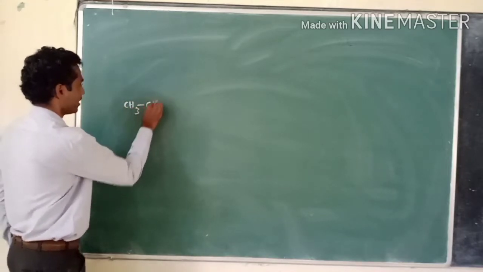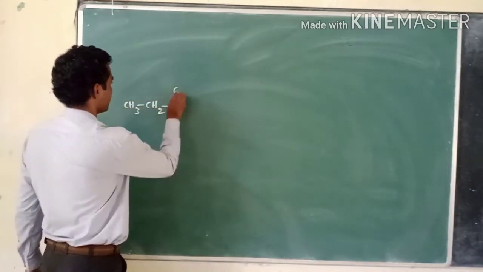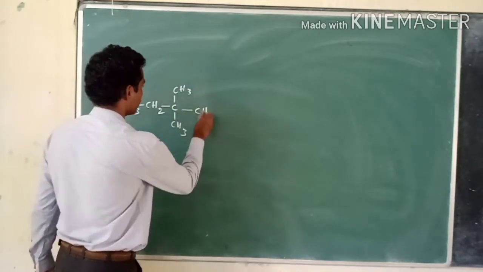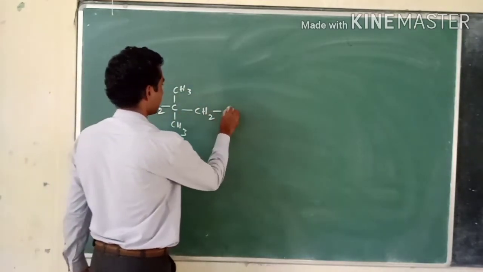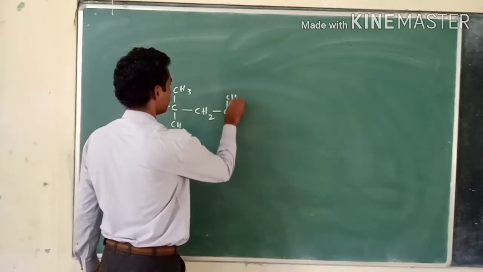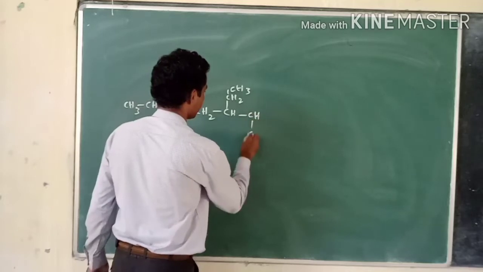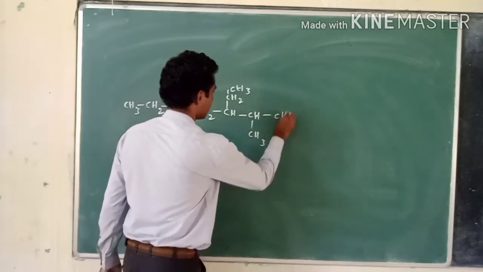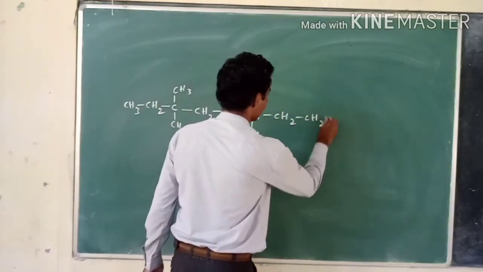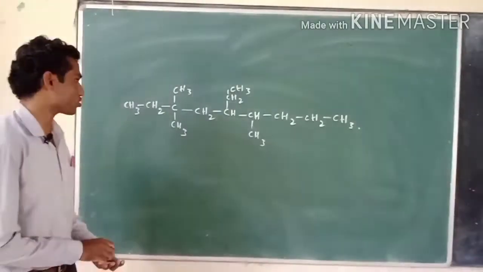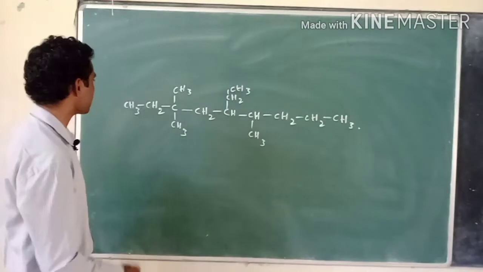CH3, CH2, C, CH3, CH3, CH2, C, CH, CH2, CH3, CH, CH3, CH2, CH2, CH3. Let us take this example. The first rule is to identify the longest carbon chain.